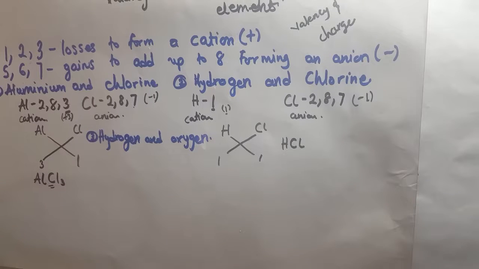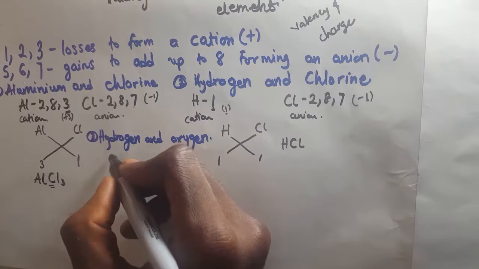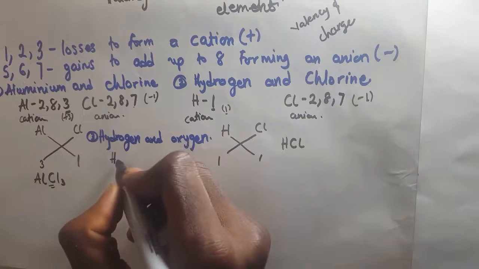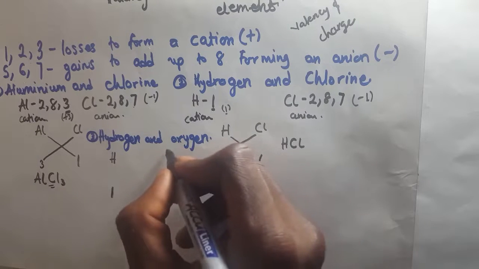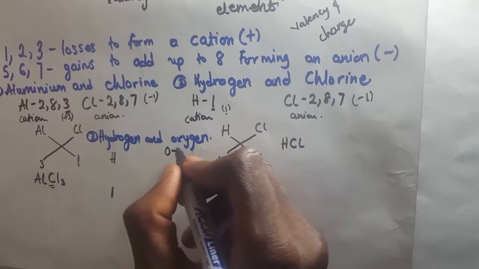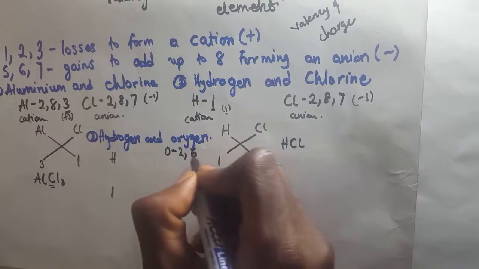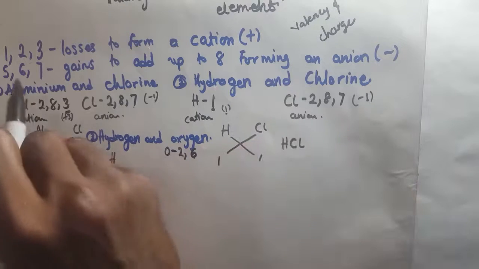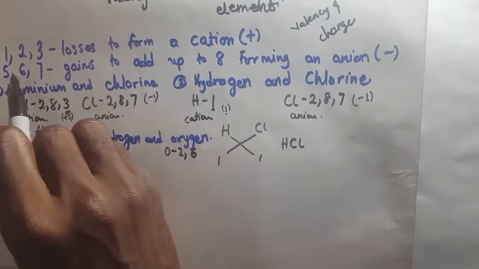So continuing, we have hydrogen and oxygen here. Hydrogen has a valency of 1 from what we know. Now oxygen, the proton number for oxygen is 8. So 2, then 6. 6 means it needs 2 more to be fully filled.